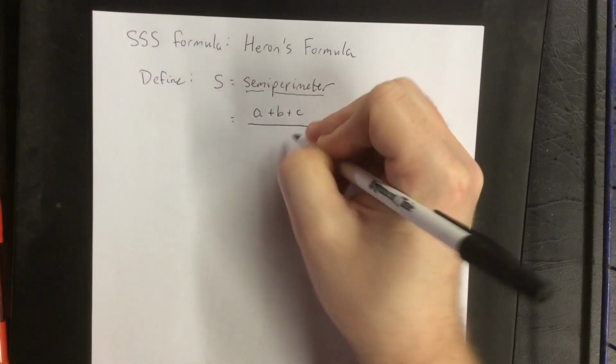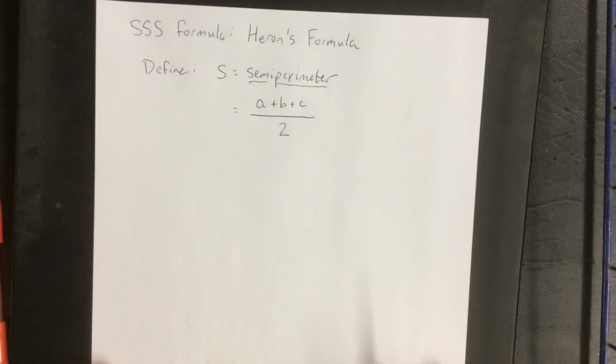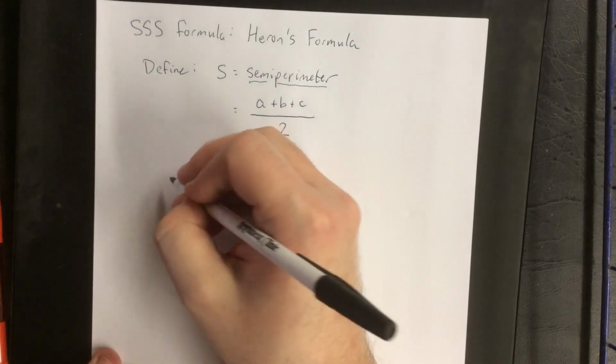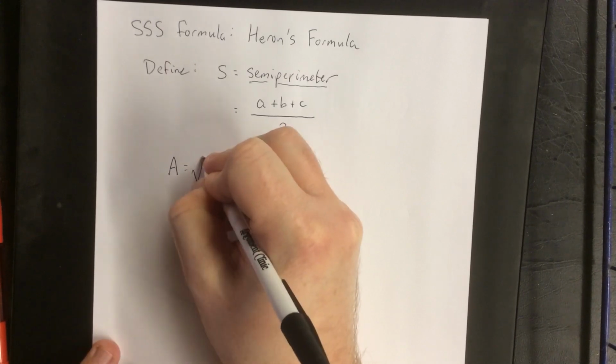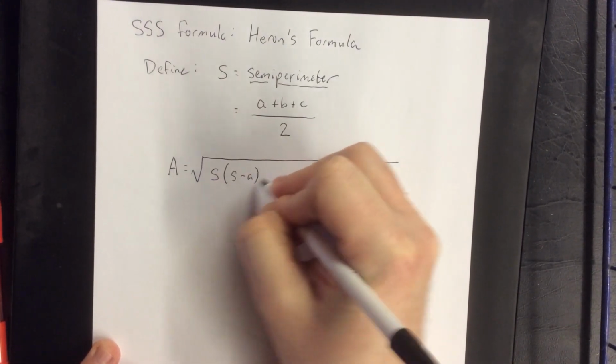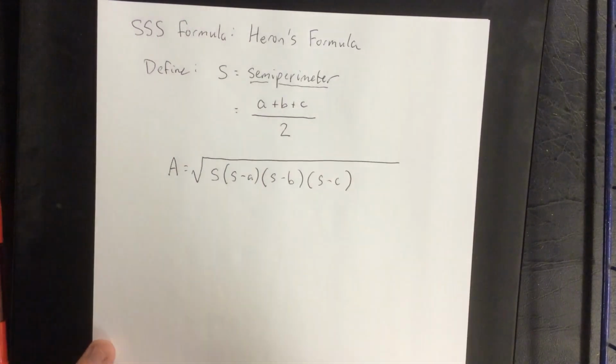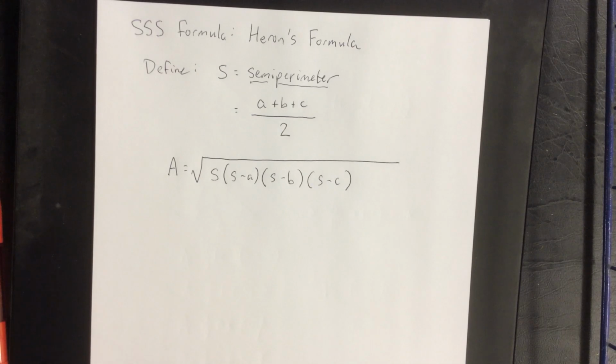So semiperimeter of a triangle would be A plus B plus C all over 2. Heron's formula states that if you know the semiperimeter, then the following calculation will give you the area of that triangle. Take the semiperimeter times the semiperimeter minus each of the three sides, all multiplied together, and take the square root.